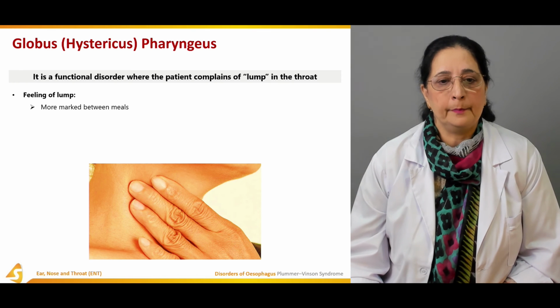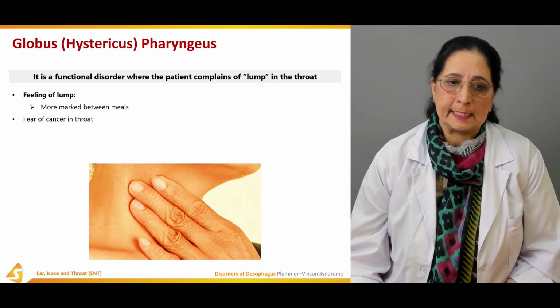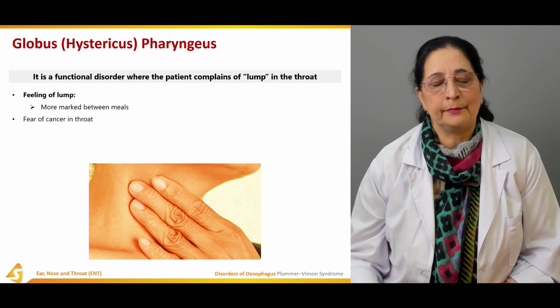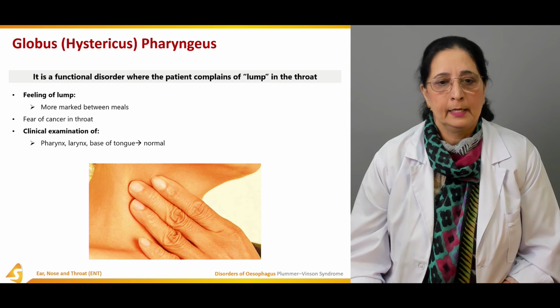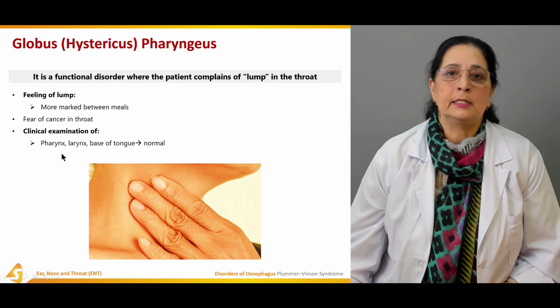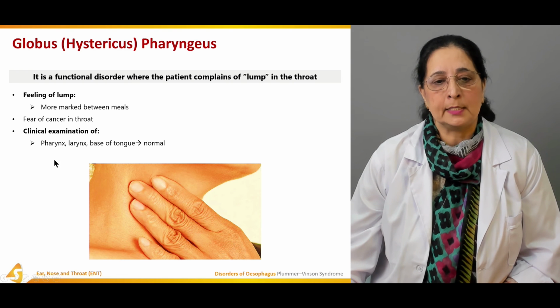The feeling of a lump is more marked between meals. Fear of cancer in the throat. They feel they might have cancer in the throat. Clinical examination should be done, and usually it's a functional disorder, so on examination nothing is present.